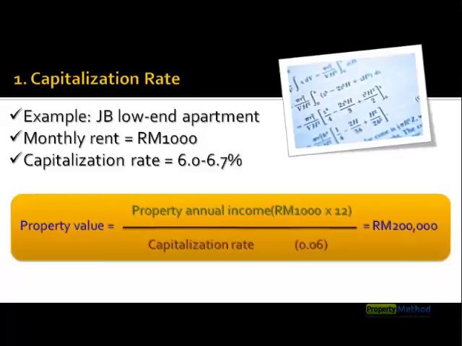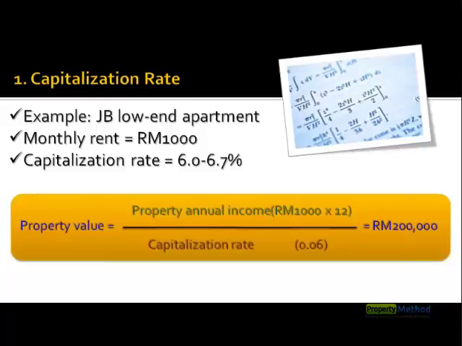So this gives us a guideline that based on the potential income this apartment can generate, if we want to buy it, we can offer up to 200,000 to the seller. One thing to take note of here is that the capitalization rate depends on the type and location of the property.